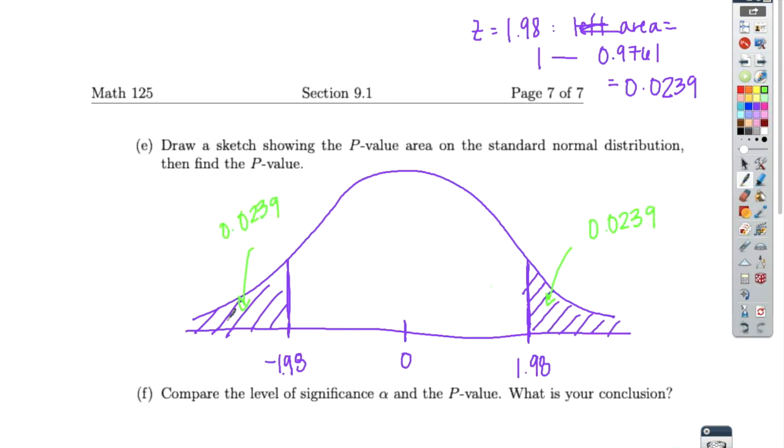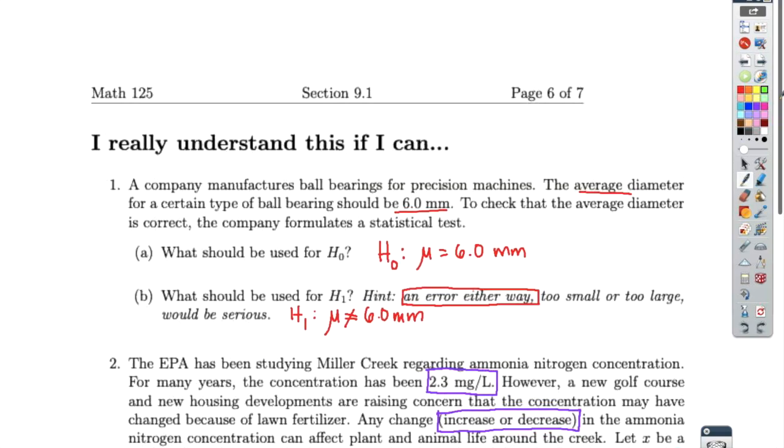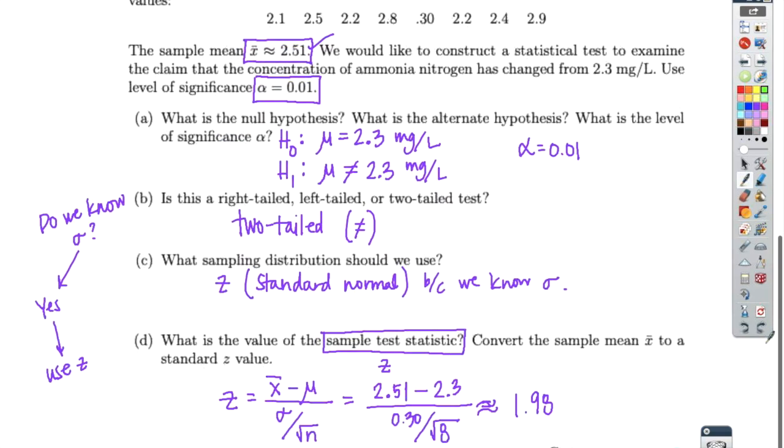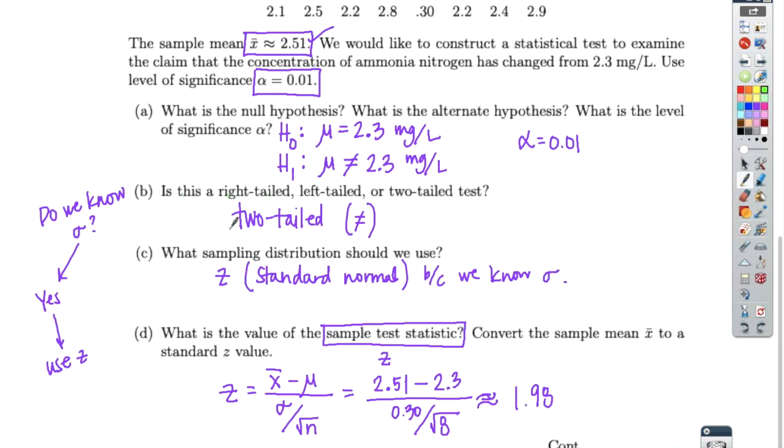And the reason that I'm finding both of those areas is that remember, we identified in part B that this is a two-tailed test. And when you're doing a two-tailed test, that means that you want to find the right area and the left area both. You want to add these two areas together. That's what a two-tailed test does.